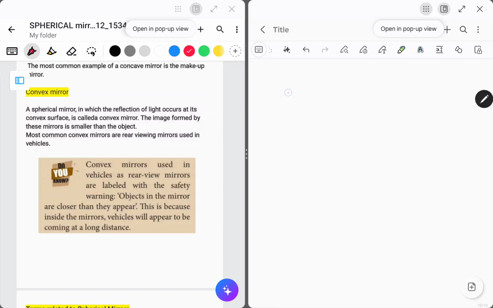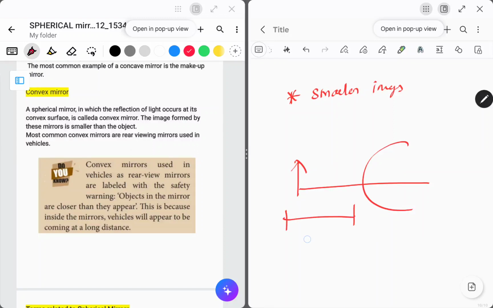We know that a convex mirror shows smaller images, correct? If an object is at some distance, this is a convex mirror and I'm going to place the object here. Imagine it is 100 meters away, imagine it is a lorry. When we look into this mirror, the image will be very small.